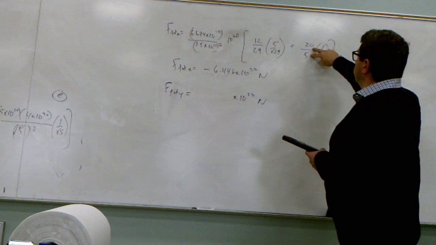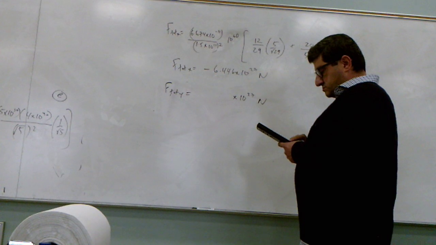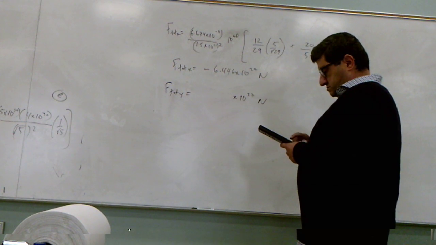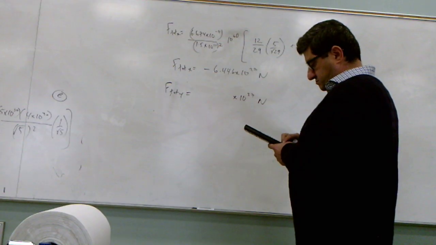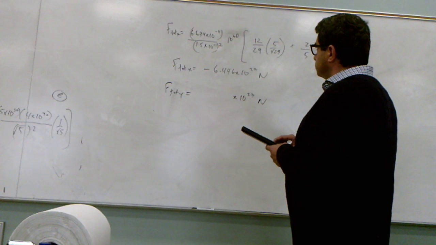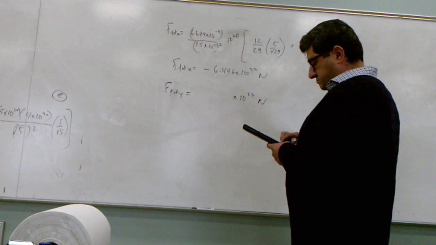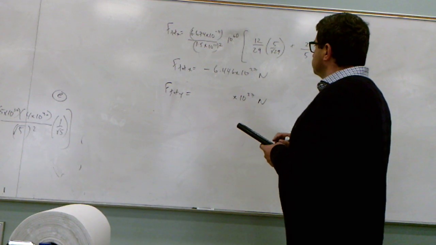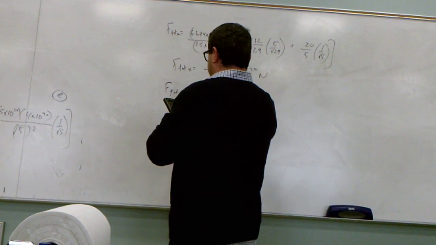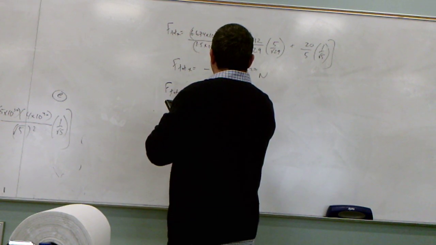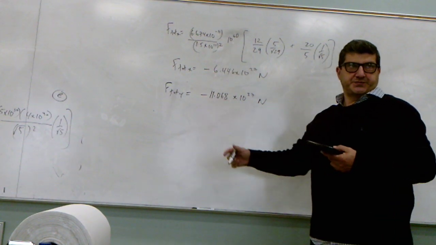But this stays the same. So I'm getting negative 11.068 times 10 to the 27th. That means the y component is stronger. Understand?